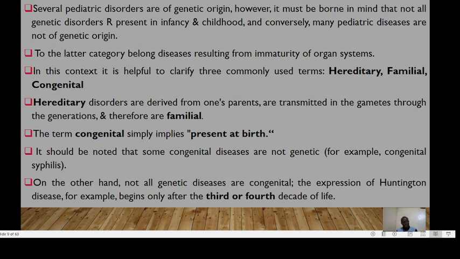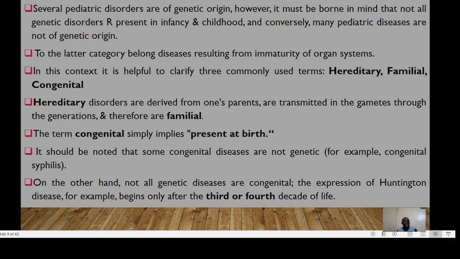To the latter category belong diseases resulting from immaturity of organ systems. In this context, it is very helpful for us to clarify some of the terms that are commonly used in diseases. The terms include hereditary, familial, and congenital. You find that hereditary disorders are derived from one parent and are transmitted in gametes through the generations and therefore are familial.